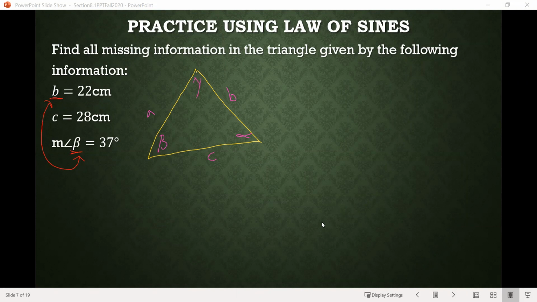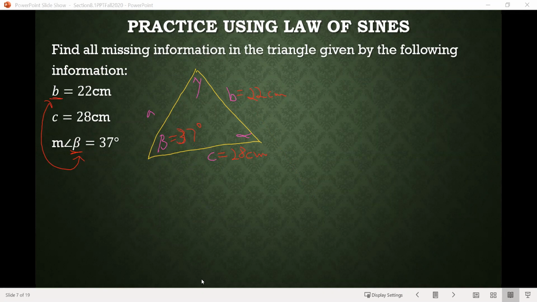We put in the information we're given. We're told the length of side B is 22 centimeters. We also know the length of side C is 28 centimeters. And the measure of angle beta, this one here, is 37 degrees.